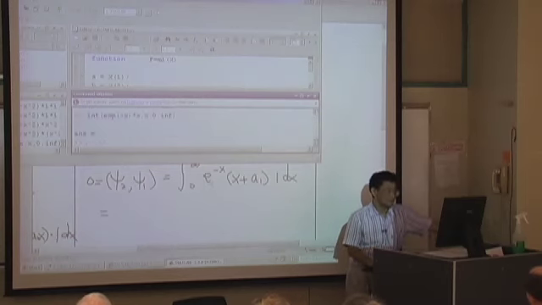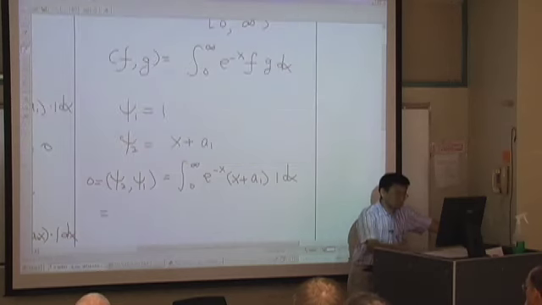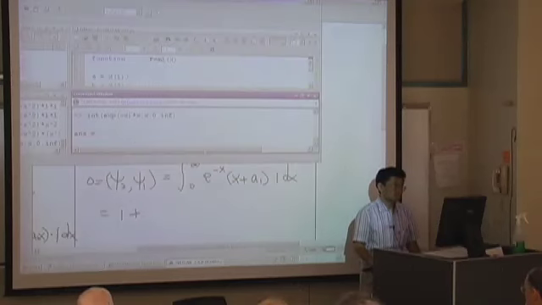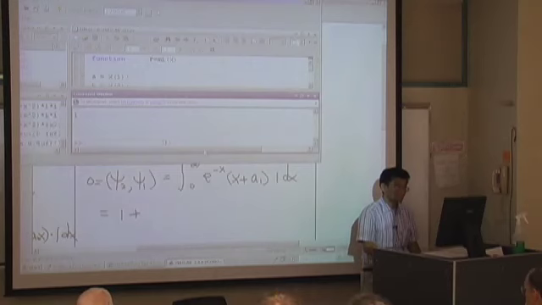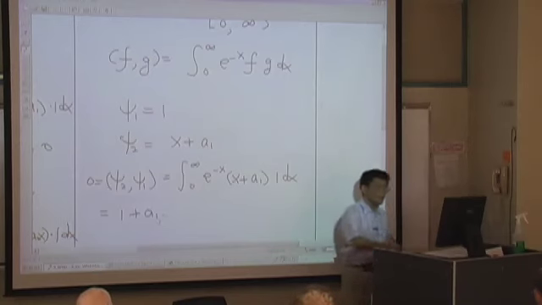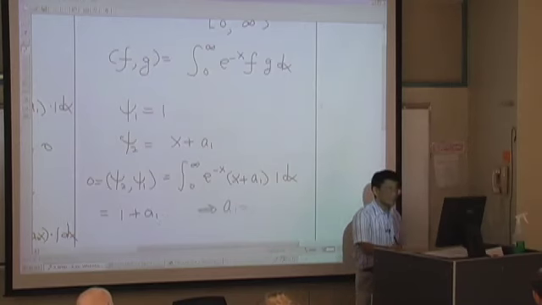If you integrate this first term, it is 1. And then if you integrate the second term, it is 1. Right? 1 times a1. So, because of this, a1 is what? Minus 1. So, it is x minus 1.